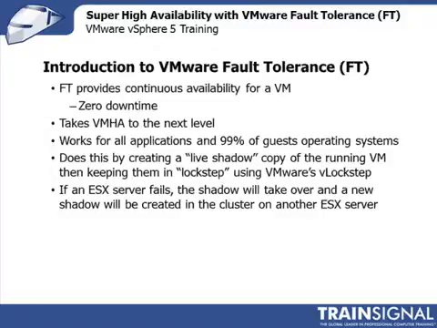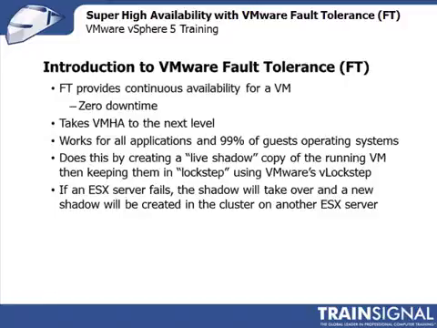So it takes VMHA to the next level. However, it doesn't work en masse for every virtual machine in a cluster like VMHA does. So VMware Fault Tolerance is for very specific virtual machines, those tier 1 applications that require that level of continuous availability.